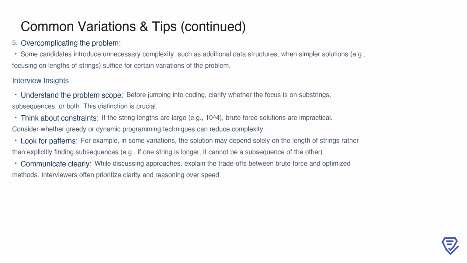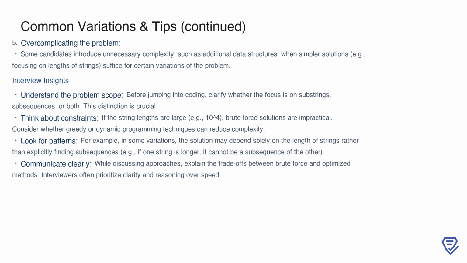In interviews, understanding the problem scope is crucial. For example, clarify whether the task involves substrings, subsequences, or both, as this distinction will guide your approach. Also, consider the constraints. If the strings are very large, brute force solutions become impractical, so you might need to explore greedy or dynamic programming techniques to reduce complexity.